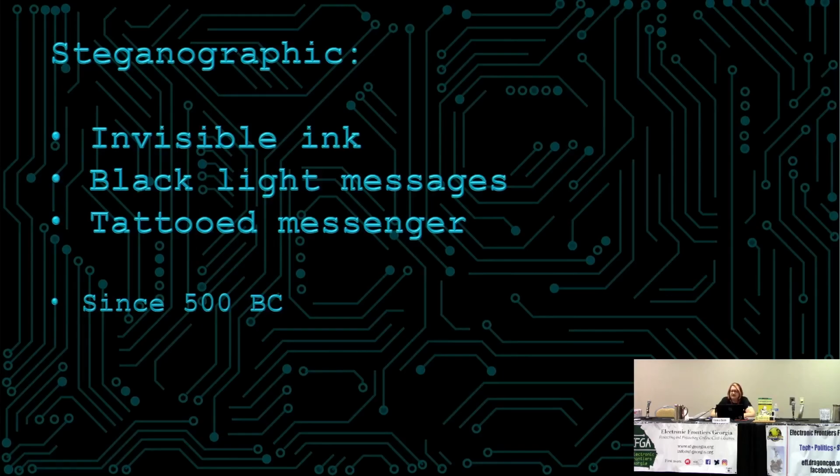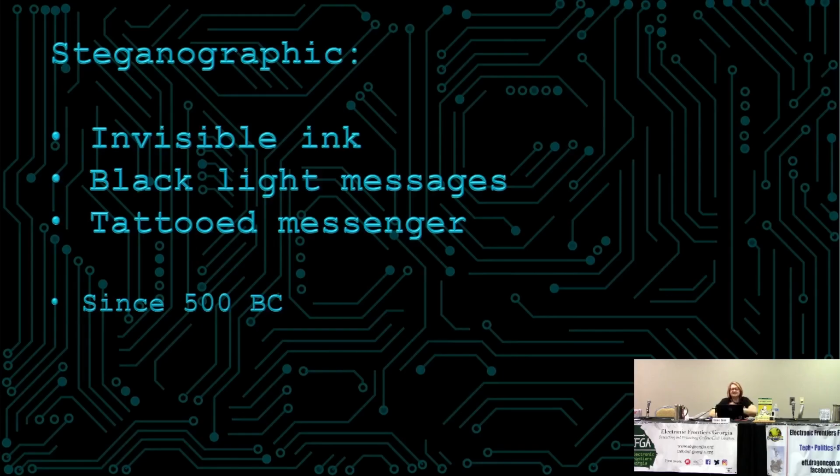And they knew that any messenger they sent would be searched. So they took a messenger, they shaved his head, they tattooed a message on his skull, waited for the hair to grow back, and then sent him across enemy lines. So when he got there, he would shave his head, point at the king, and it was basically, join us.